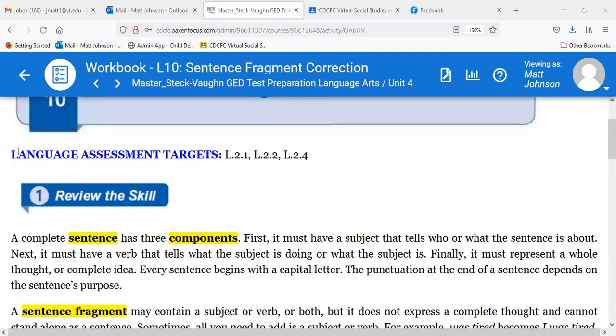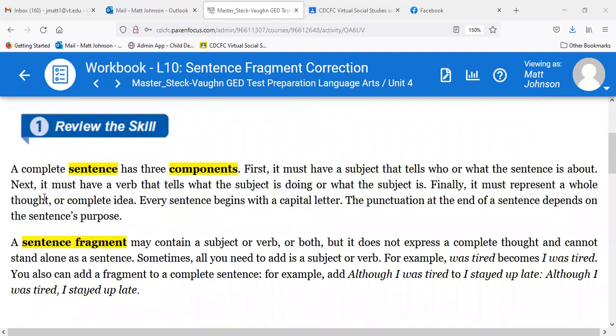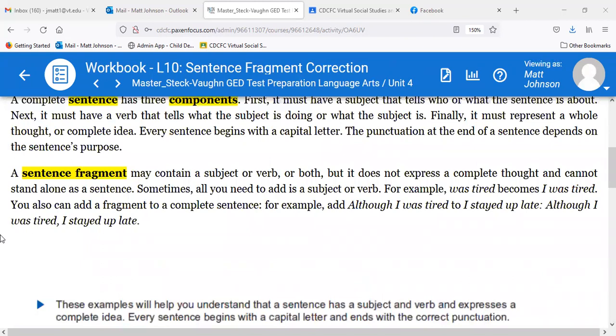All right. So back to sentence fragments. A complete sentence has 3 components. Here's what I was wanting to look at. This next paragraph: a sentence fragment may contain a subject or verb or both, but it does not express a complete thought and cannot stand alone as a sentence.